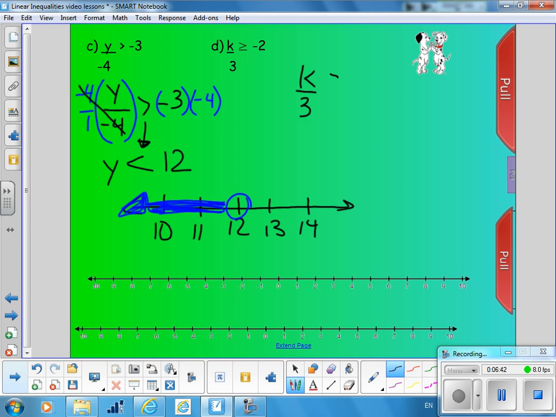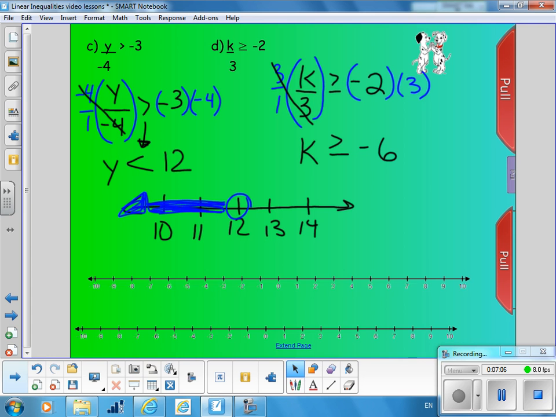In this one here, we are going to do the inverse of dividing by 3, which is multiplying by 3. The 3 divided by 3 is 1, so we have k. Now because we multiplied by a positive number, the inequality stays. -2 times 3 is -6.